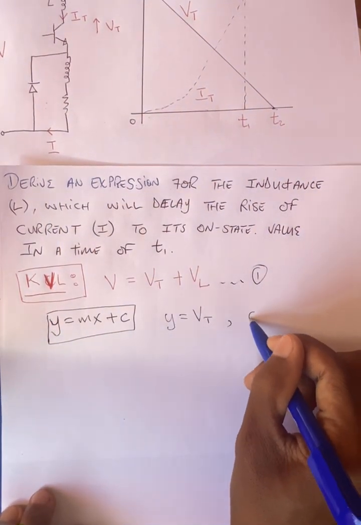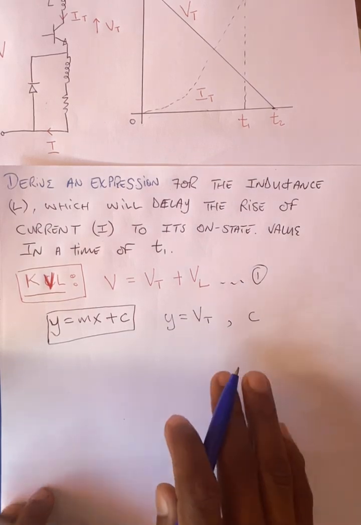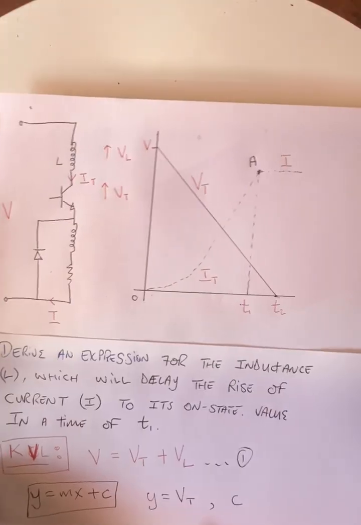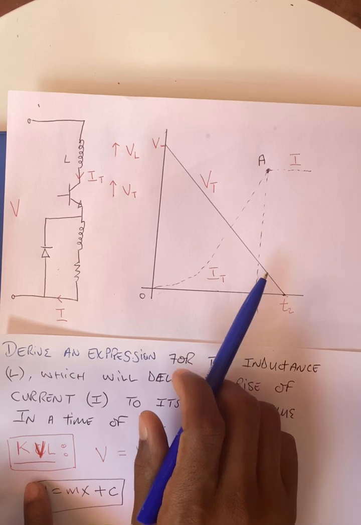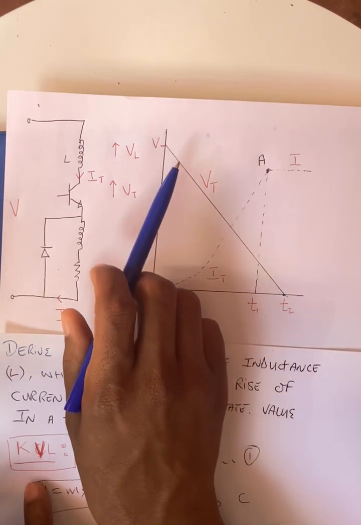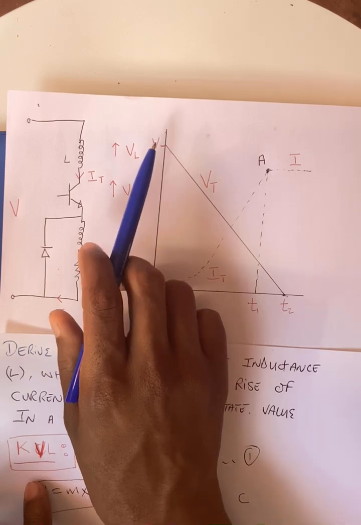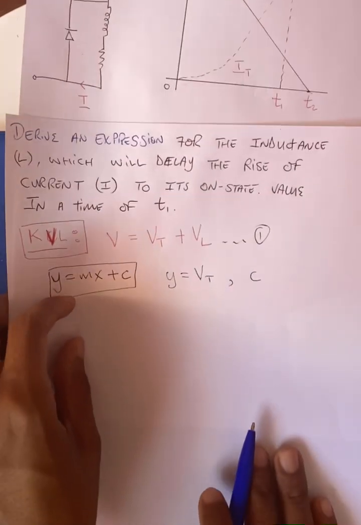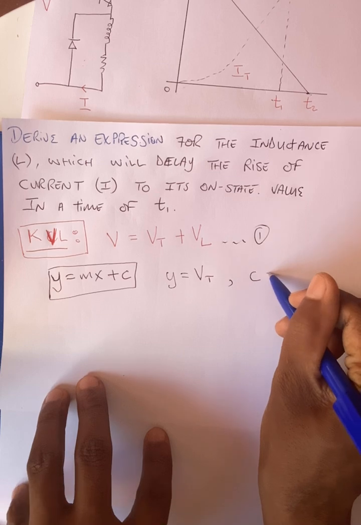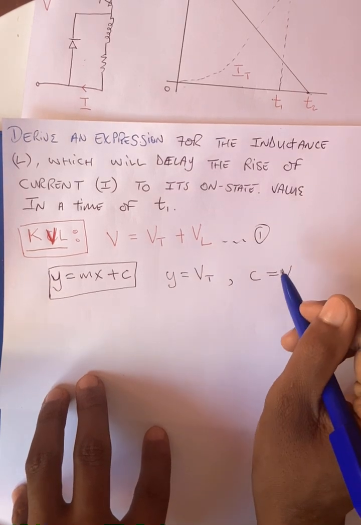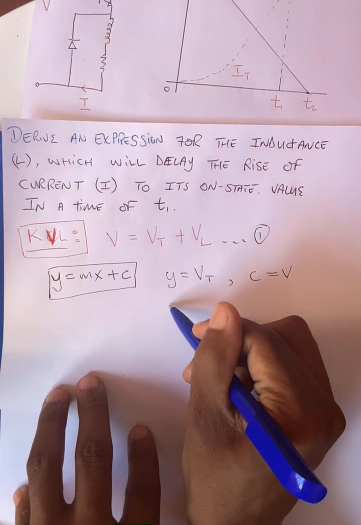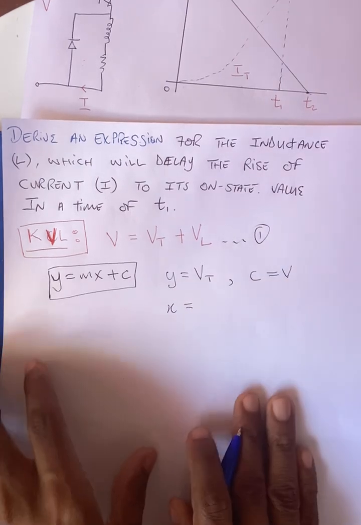Then also c is normally the point at which this line is cutting the y-axis. And where does it cut the y-axis? At point V. Okay, right. So now we will say c is equal to V. And then what is x equal to?